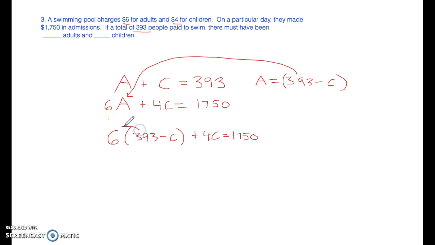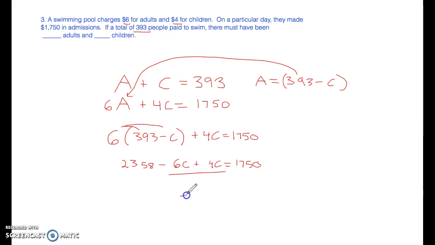And then let's distribute the 6. So you're going to have 6 times 393, which gives us 2,358, minus 6C plus 4C. Now we need to combine like terms and get the C's on the same side and the numbers on the other side.